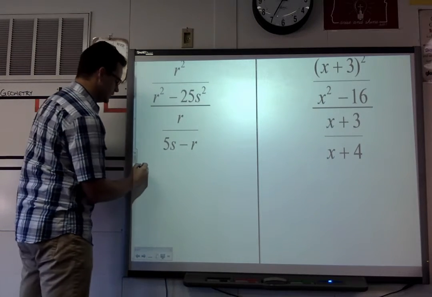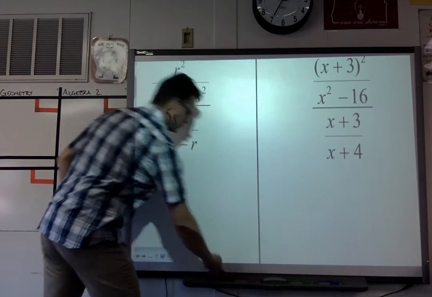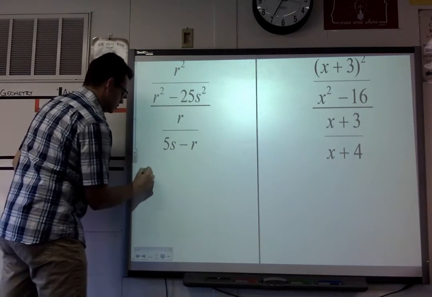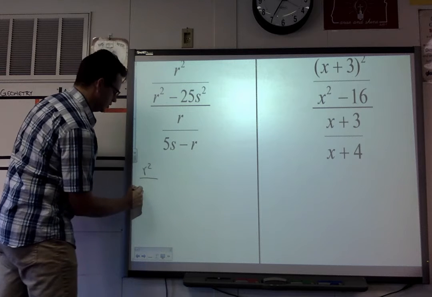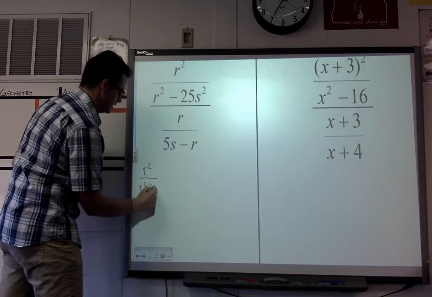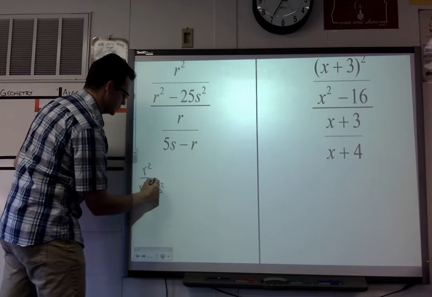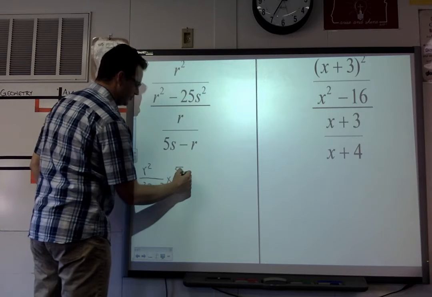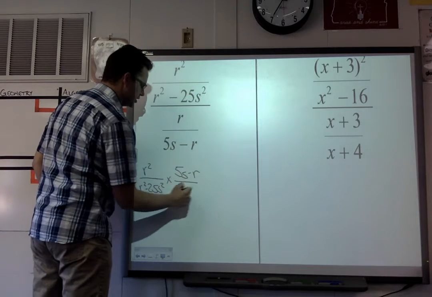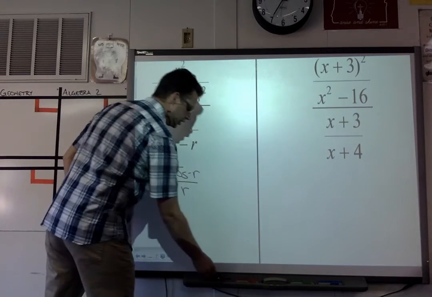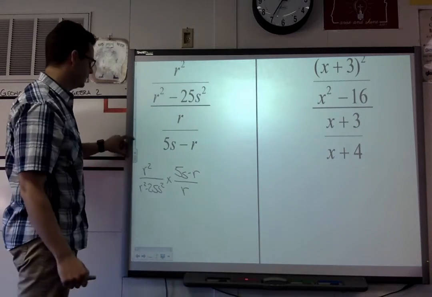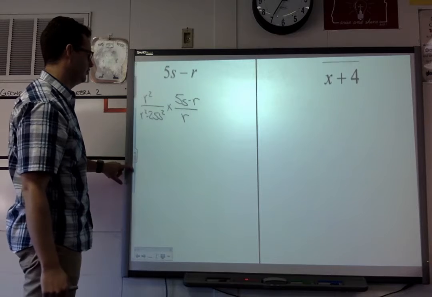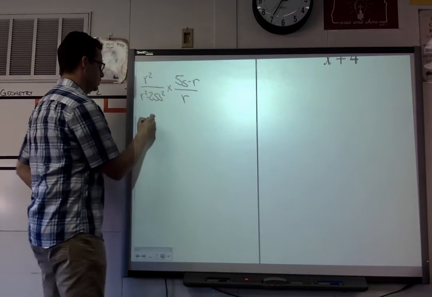So we're going to write this as r squared over (r squared minus 25s squared) times (5s minus r) over r. Now that we've done that, we want to factor whatever we can.